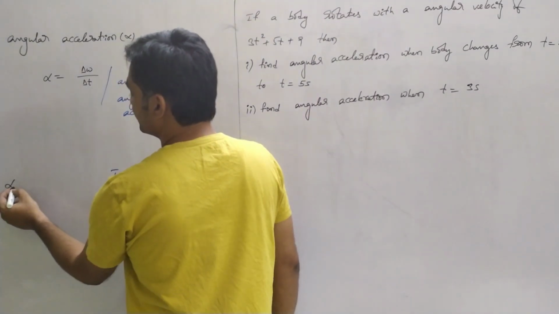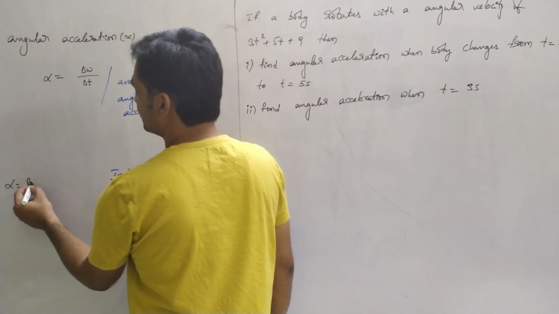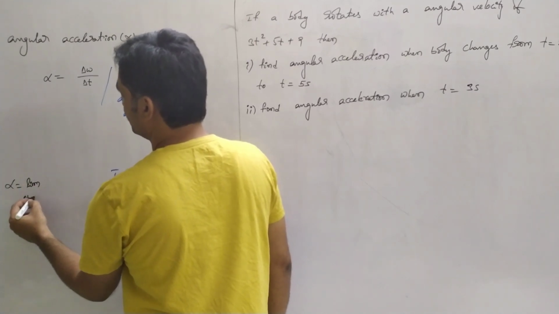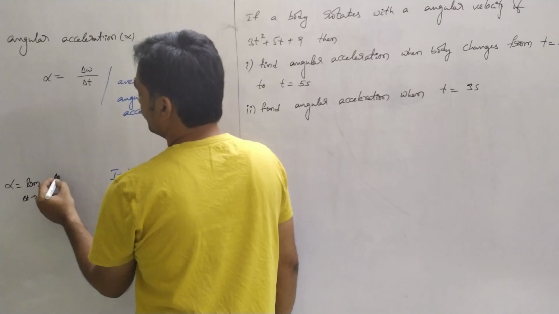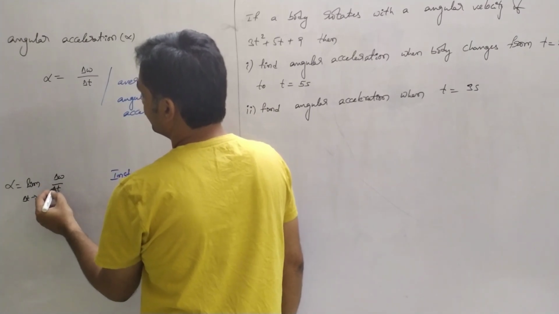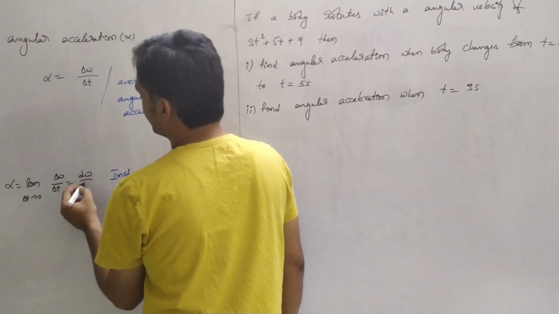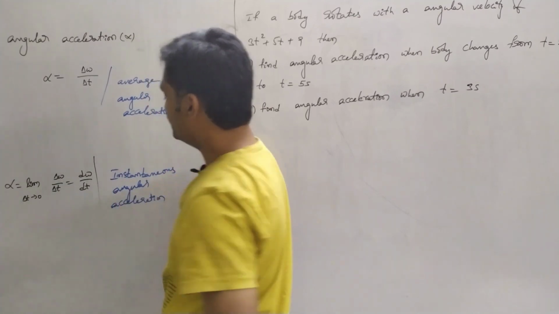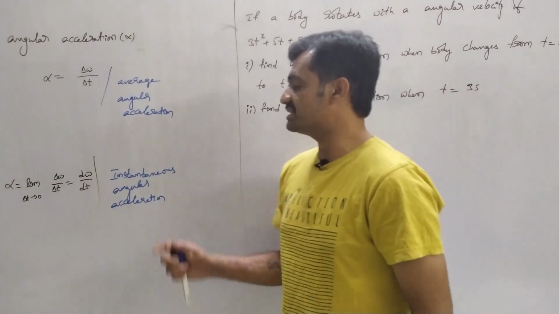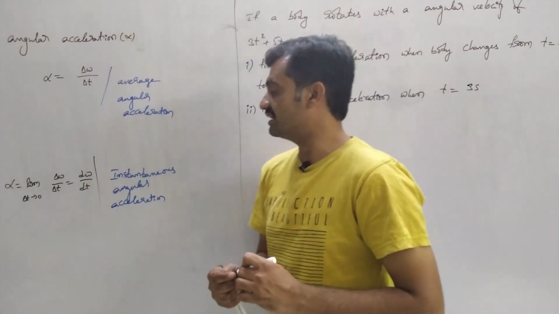And here instantaneous angular acceleration is given as limit of delta t tends to 0, delta omega by delta t, which equals d omega by dt. It represents instantaneous angular acceleration.